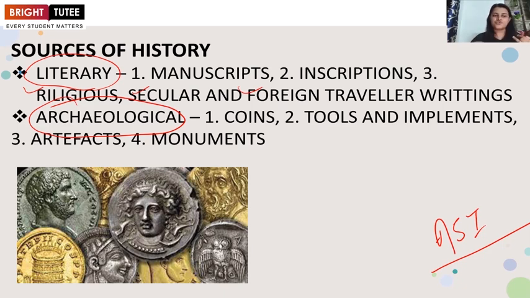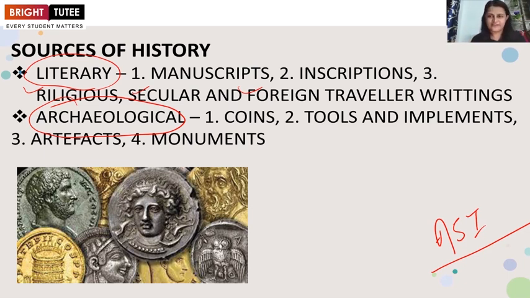Like Dharma Shastras, the law book about the society, the Kautilya's Arthashastra. Then there is Kalidas, famous work of Abhijnanashakuntalam. Then we have Panchatantra. So these kinds of books come under the secular writing, where the content is not religious, but it is related to the society in different contexts.